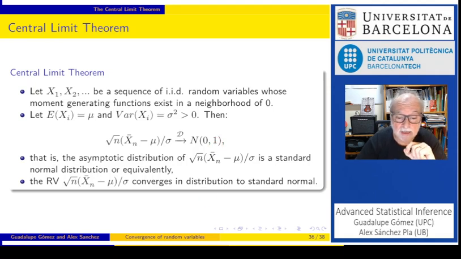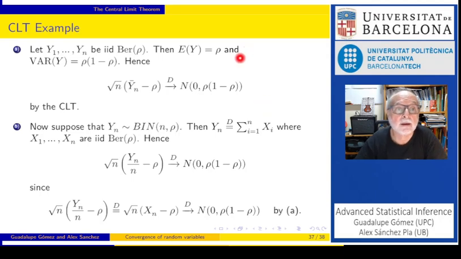As a short example, we can say here that this applies if we have a Bernoulli random variable simply by the terms of the theorem, or if we have some binomial random variable which can be seen as a sum of Bernoulli random variables. In both cases, directly or by considering the binomial as a sum of Bernoulli random variables, the central limit theorem establishes that we can approximate the standardized distribution by a normal 0-1.